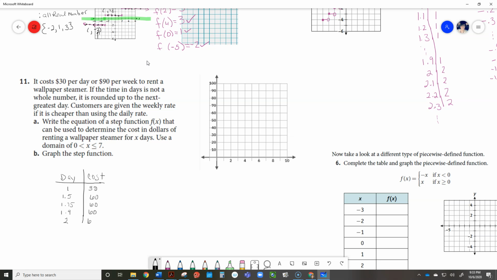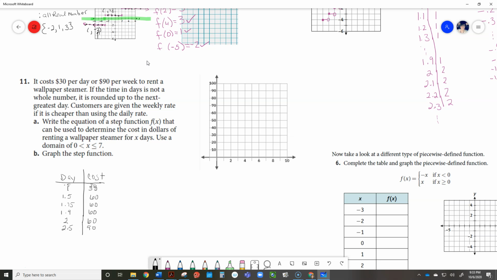So these are all $60. For one day it's $30. Everything between 1 day and 2 days is $60. If I keep it half a day, I still pay $30 for it. So everything between 0 and 1 day is $30. And 2.5 days is $90.